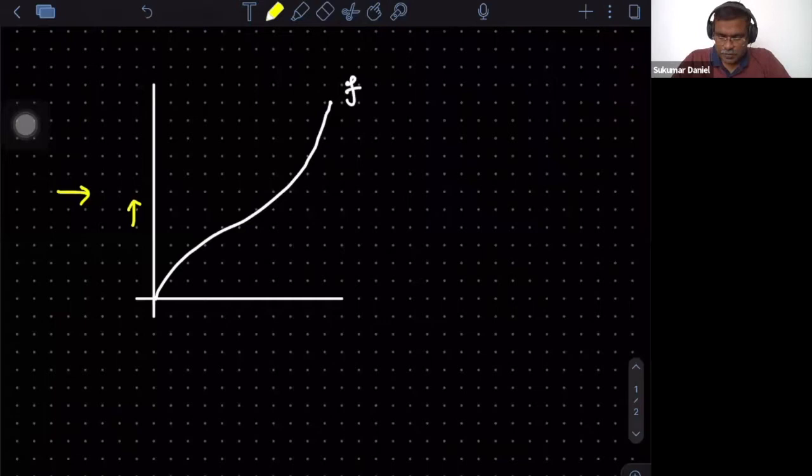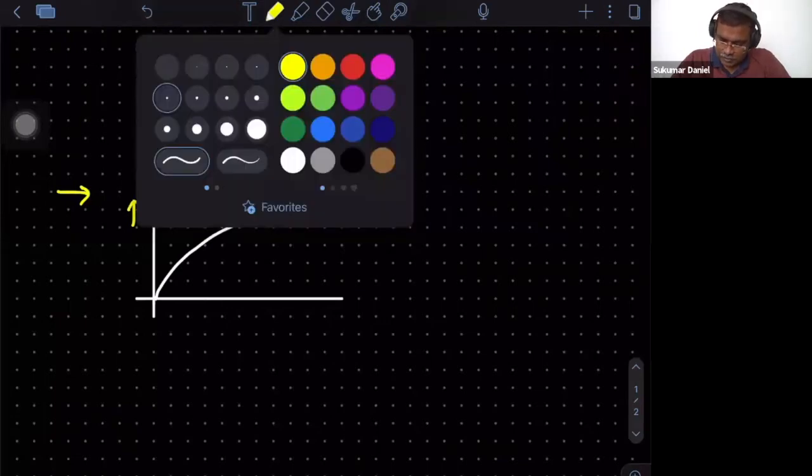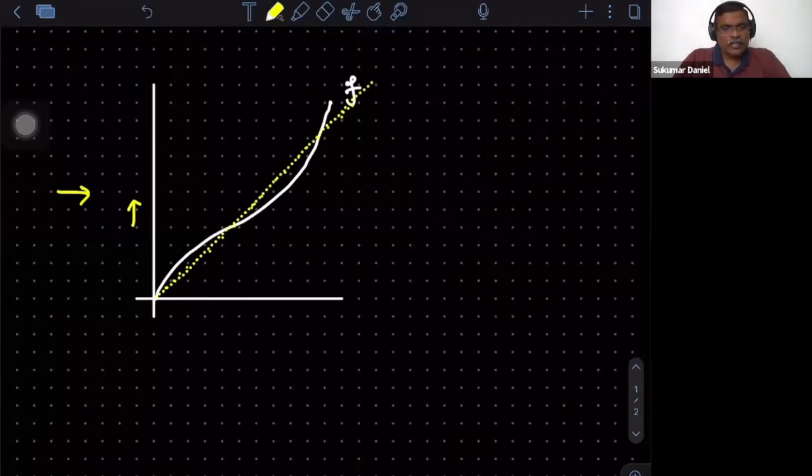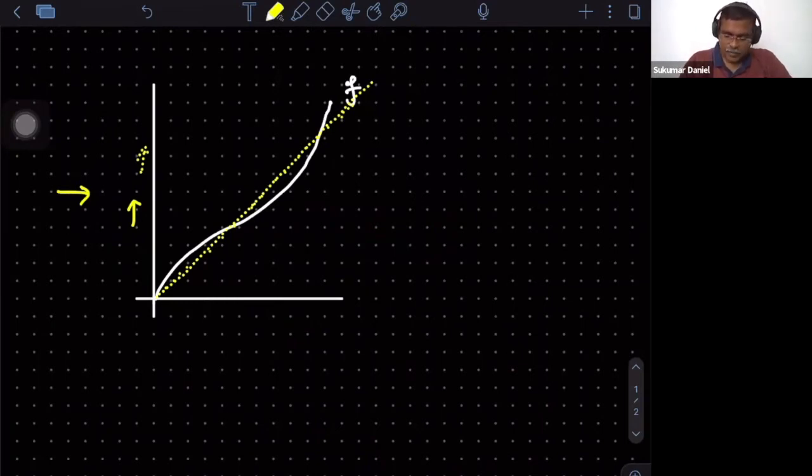So if I keep an imaginary y equal to x line, and if I rotate this, that means this line will become the x-axis and this line will be the y-axis. If you look at the picture from there, it will be the way that you are looking from this side.